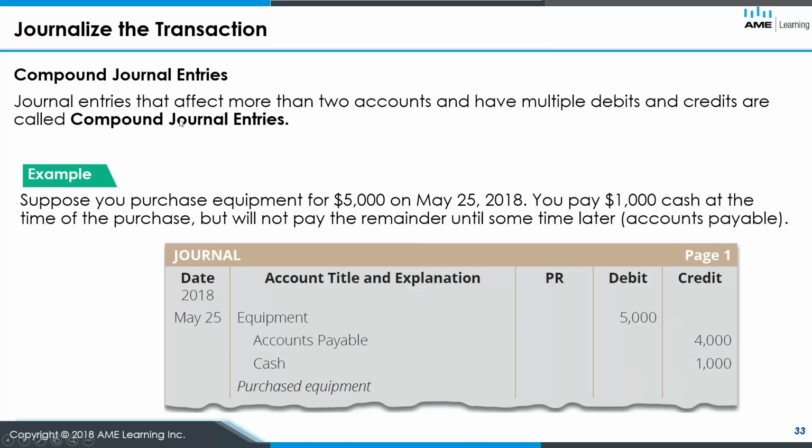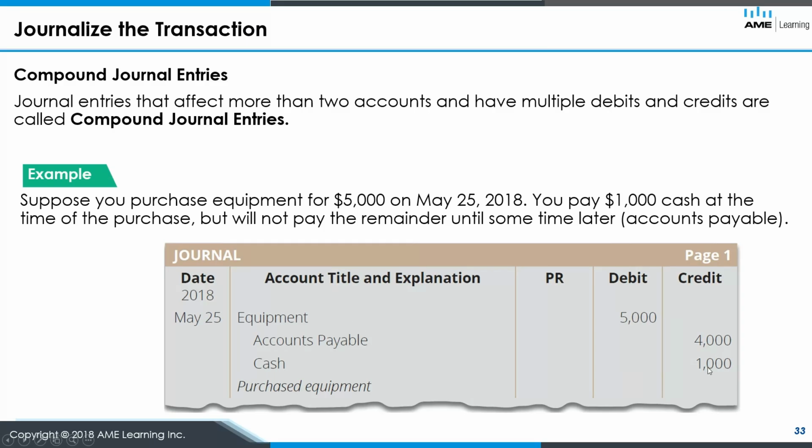Okay, so compound journal entries. The main takeaway is that they're not always just one and one. Sometimes you have any number of debits and credits, and in the real world, sometimes you have some really big journal entries, especially for payroll and certain types of transactions. You could have hundreds of debits and credits in a real world scenario.